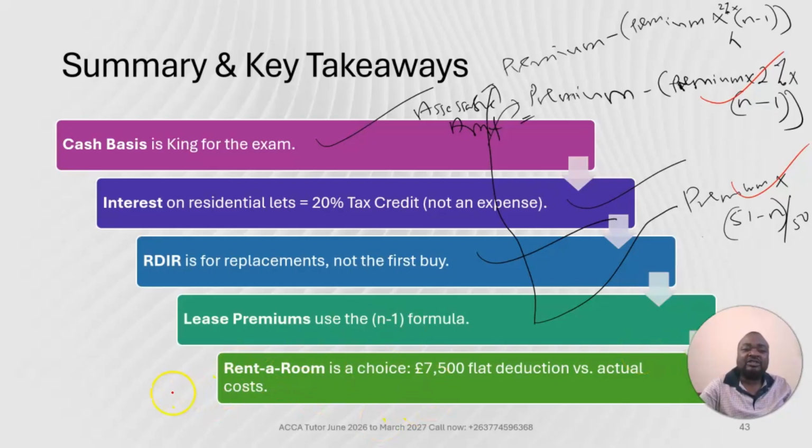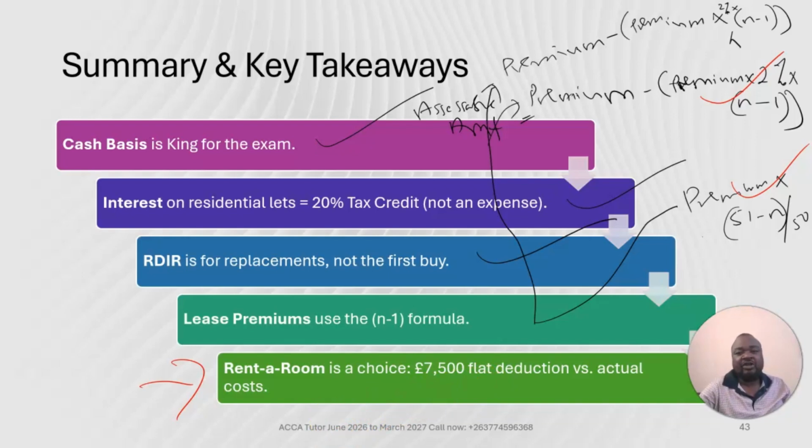Then there is what is called rent-a-room relief, which is a choice. You can use the £7,500 flat deduction, or you can go for the actual costs which you would have incurred.